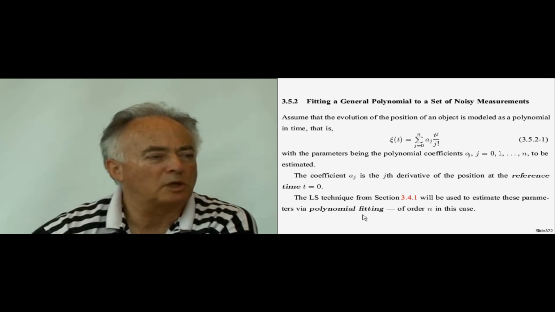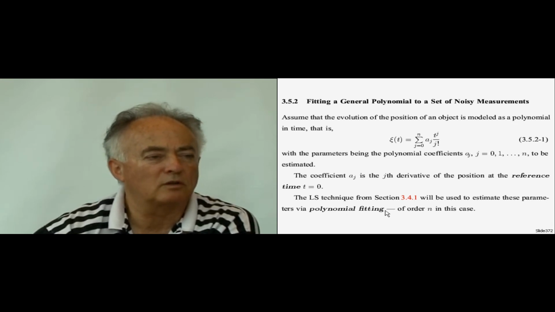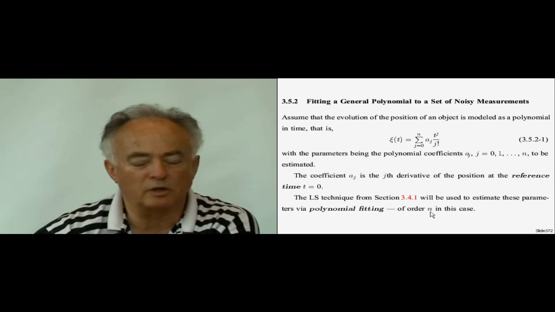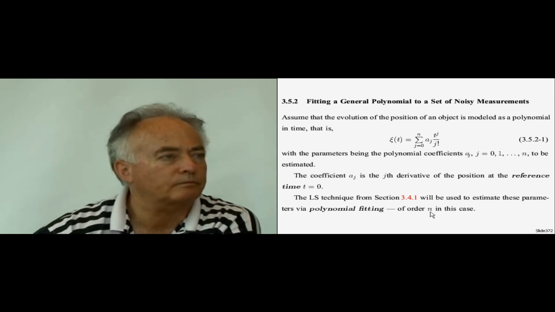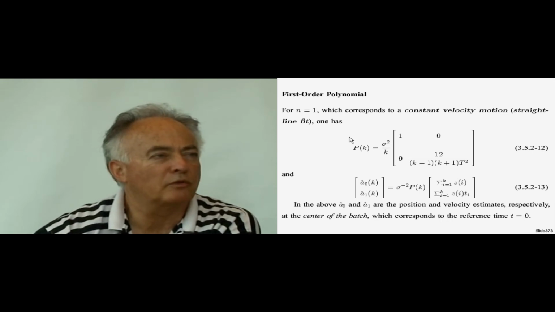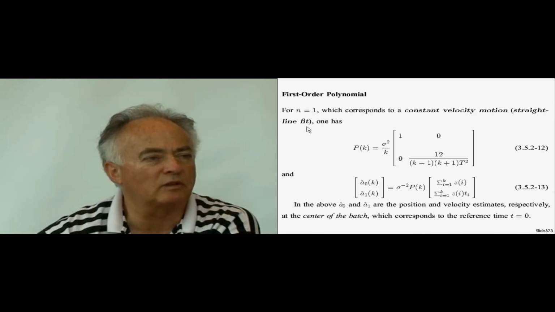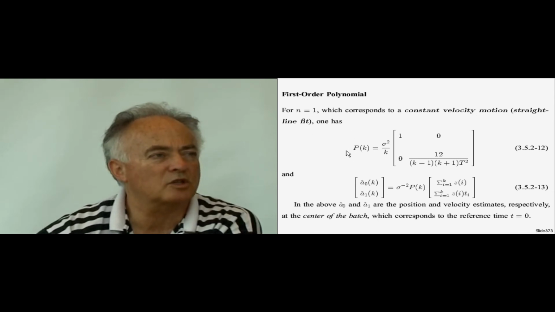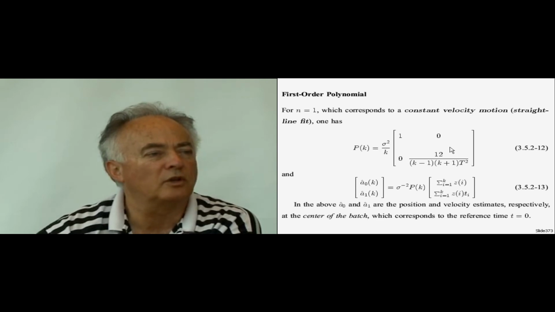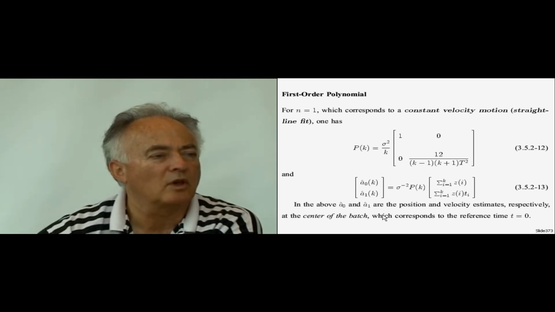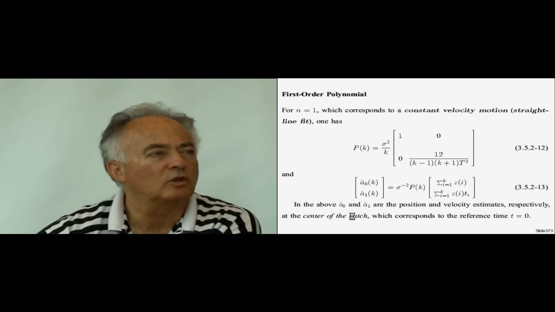So we'll now solve the problem of polynomial fitting, an nth order polynomial fitting. And we can go back to the first order polynomial, which is constant velocity motion or a straight line fit, and we have these expressions for the case that the samples are uniformly distributed, and now the reference time t equals 0 is the center of the batch.